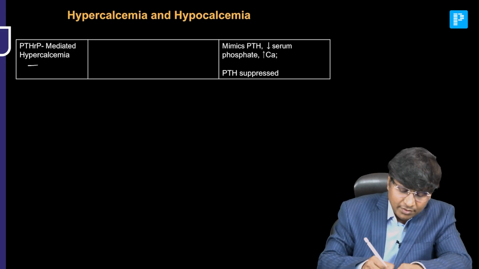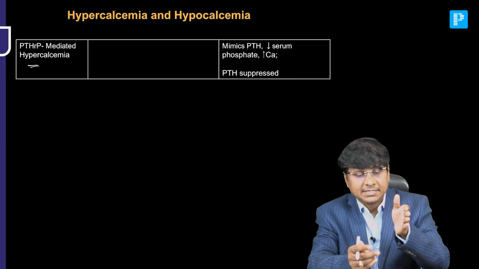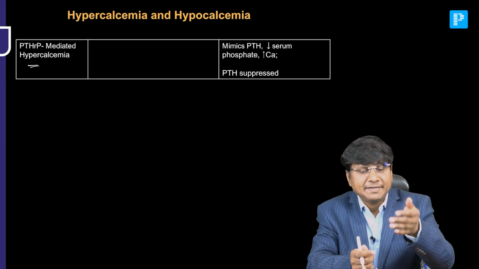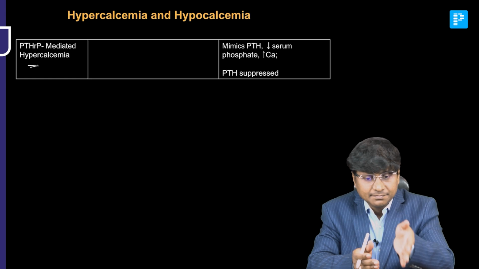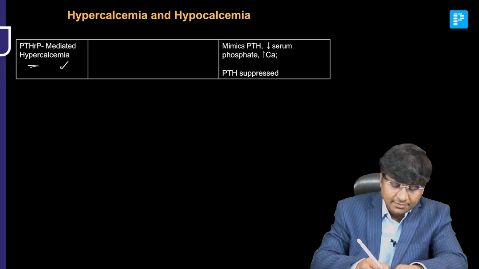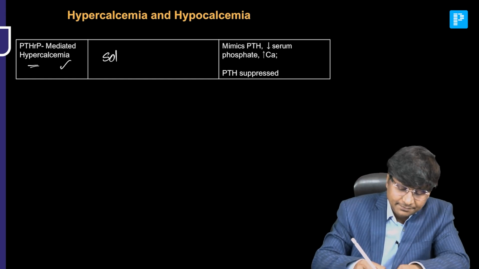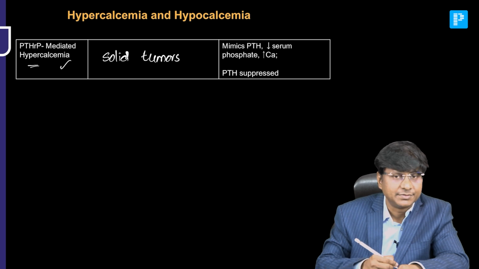Then we were discussing the parathormone related polypeptide, the substance which is released and mimics the parathyroid hormone. So, we call it parathyroid hormone related polypeptide. They are the ones which can increase the calcium. You have some solid tumors, for example, the pheochromocytoma.